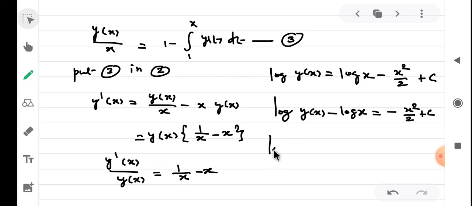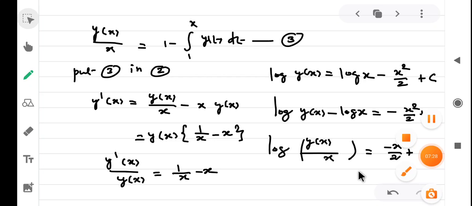It can be written as log of y of x divided by x is equal to minus x square by 2 plus a constant c.